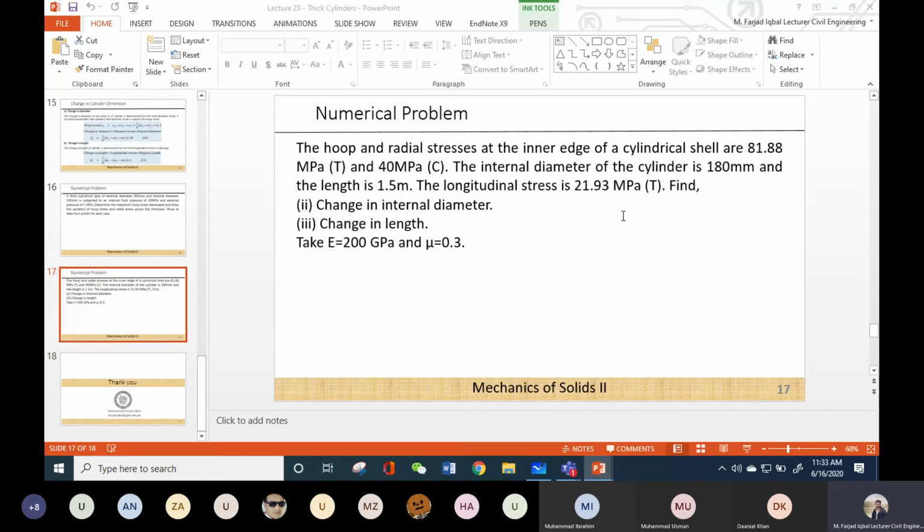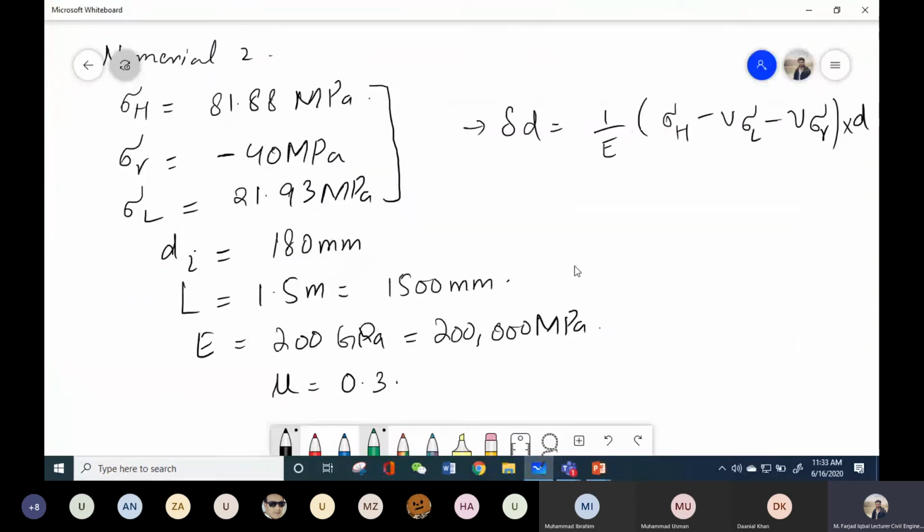The hoop and radial stresses are provided at the inner edge of the cylindrical shell, but in some cases you may not be provided the hoop stresses at all, and you will be asked to calculate the change in the external diameter.